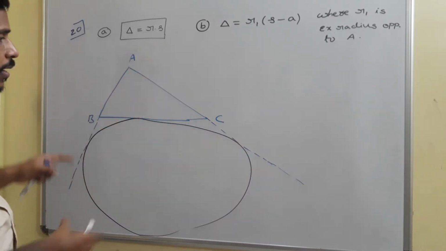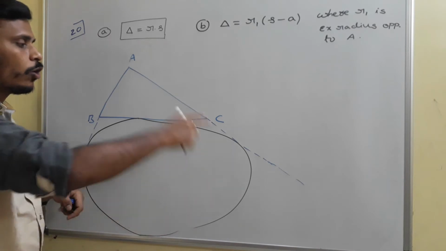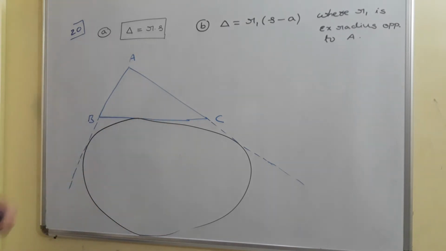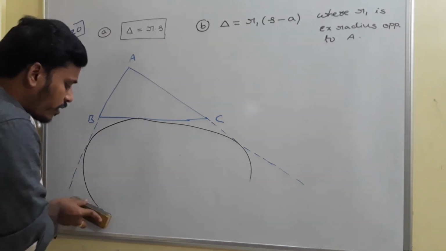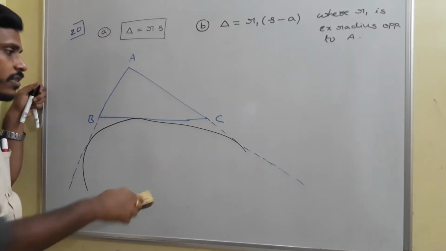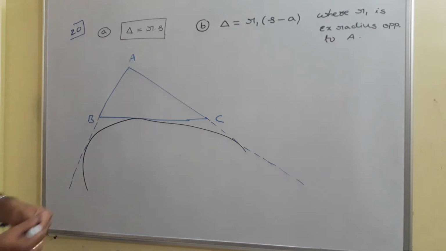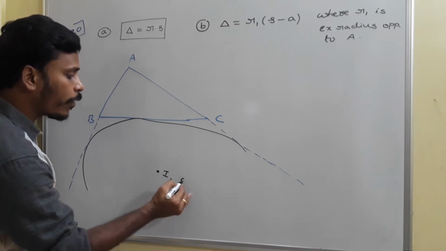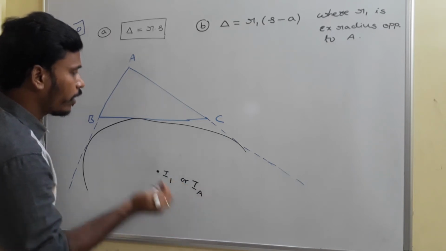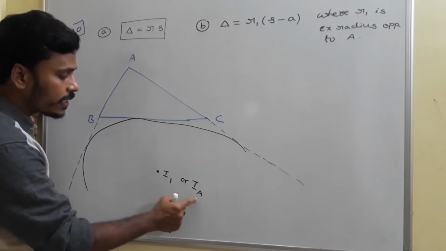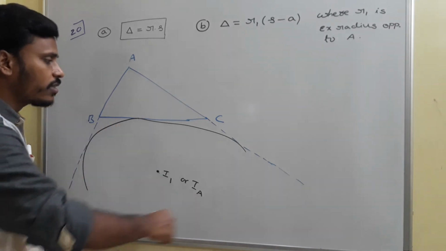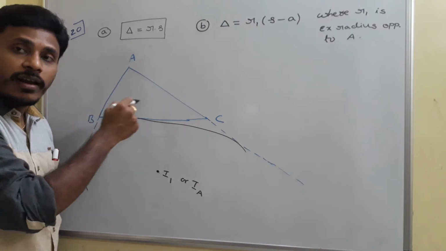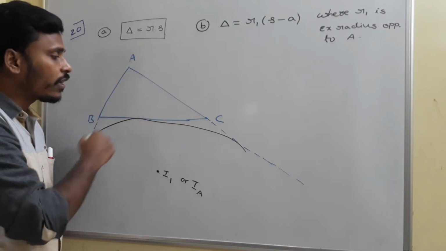It depends on the triangle, the circle will look like this. Maybe the board is not sufficient for me to sketch the total circle, but there is a circle which touches the 3 sides, and the center of that circle is usually denoted as I1 or I suffix A, because it is opposite to A. This center is known as the excenter, the center of the circle which touches one side of the triangle externally and the other two sides internally.